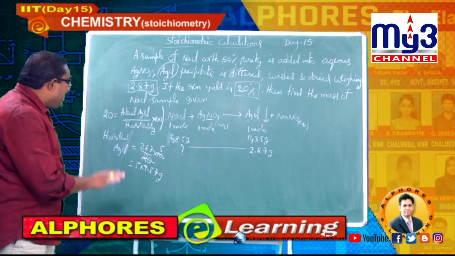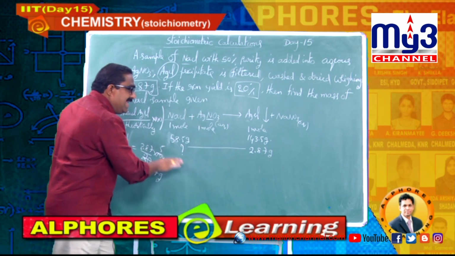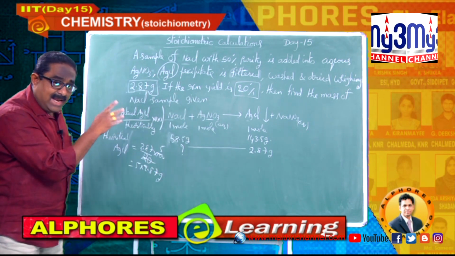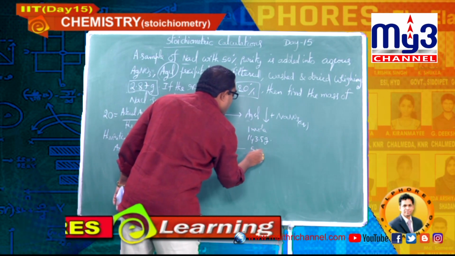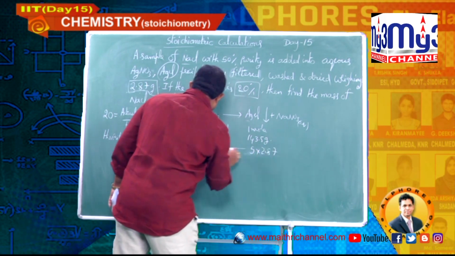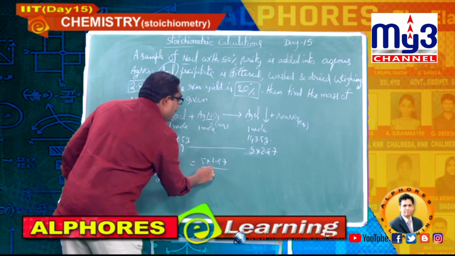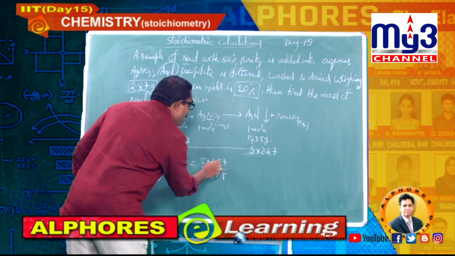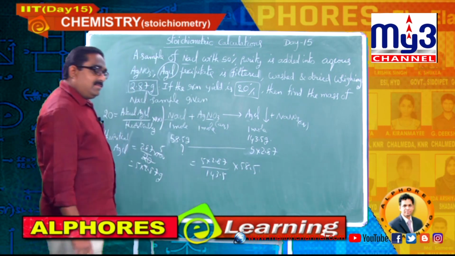Finally, the theoretically calculated silver chloride, because here I am doing theoretical calculations. So finally, what I have to write here, students? Now, please tell me 5 into 2.87, how much? So 5 into 2.87 divided by 143.5 into 58.5.